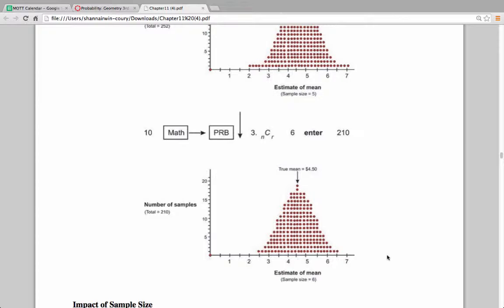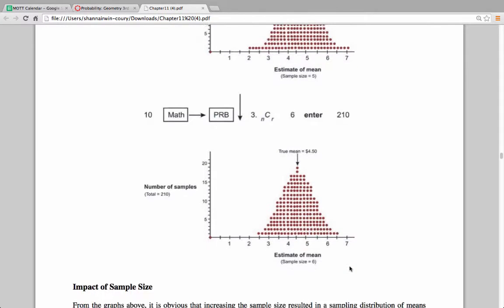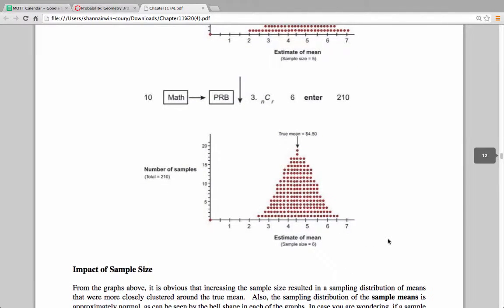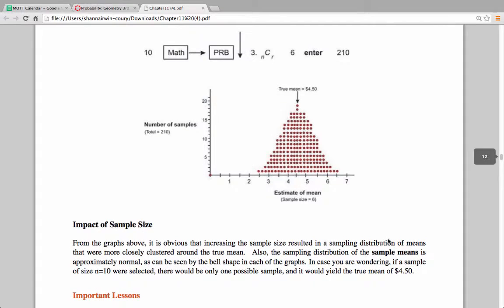So the more that you choose, the closer you get to having the average be the average, but also the closer you get to it being actually normal. So it turns out that the distribution of sample means is approximately normal.